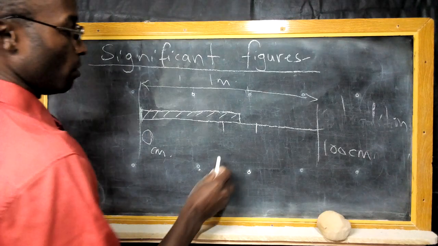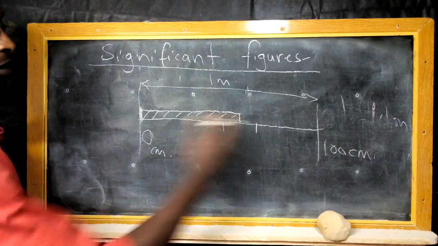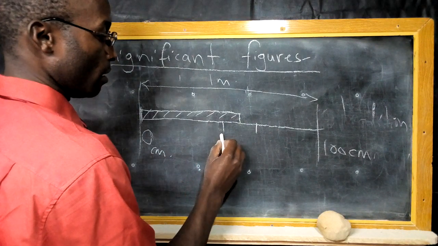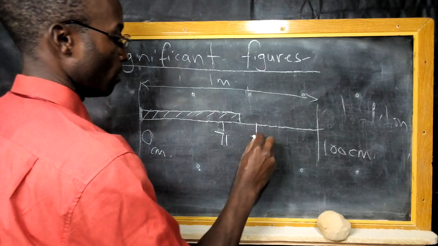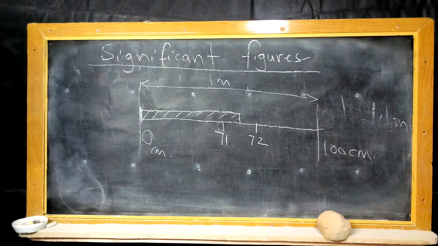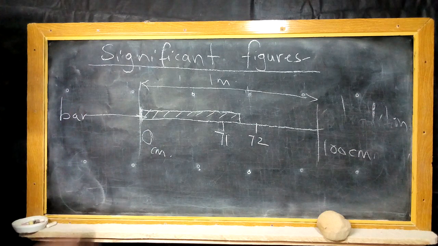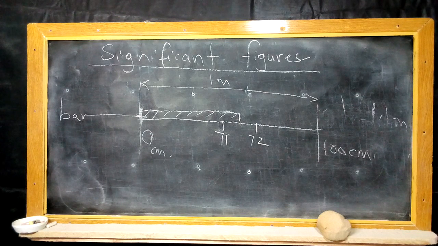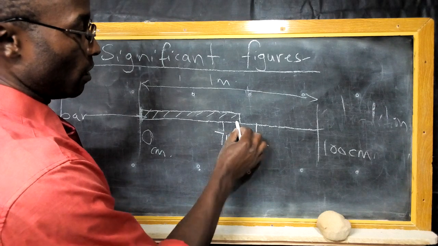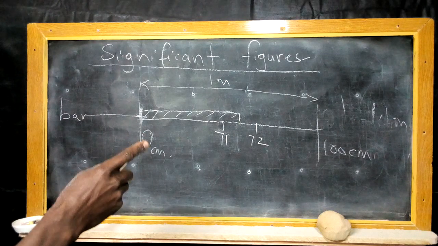Of course, I've expanded these units, so they are not in proportion. Suppose this point is 71 centimeters, and this is 72 centimeters. Suppose the bar that I'm trying to measure ends at this particular point. From my estimation, this point is past the half mark between 71 and 72.